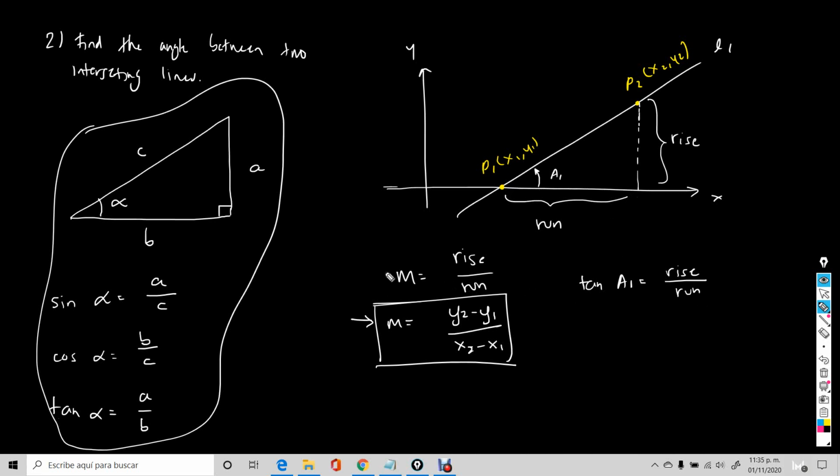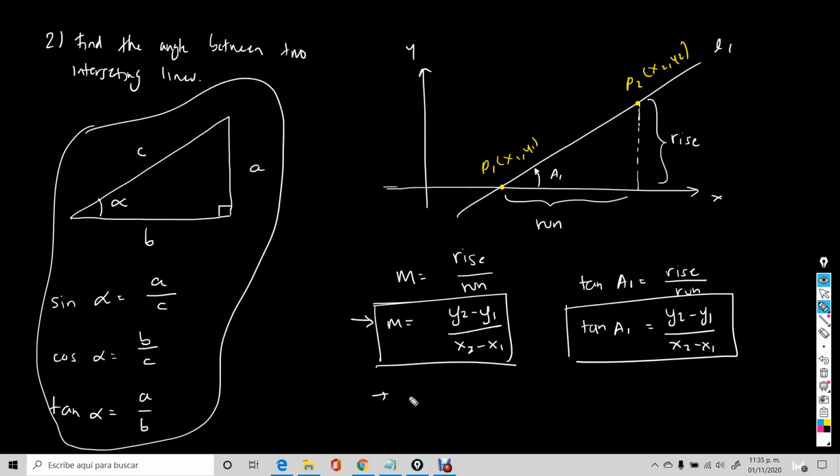So you see, it's basically the same definition as the slope, you see? So tangent of angle 1 is equal to y2 minus y1 over x2 minus x1, and I can see that they are the same definition. Tangent of the angle 1 is the same as the slope of this line L1.